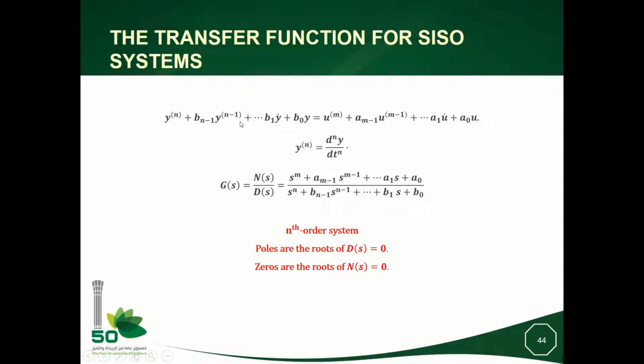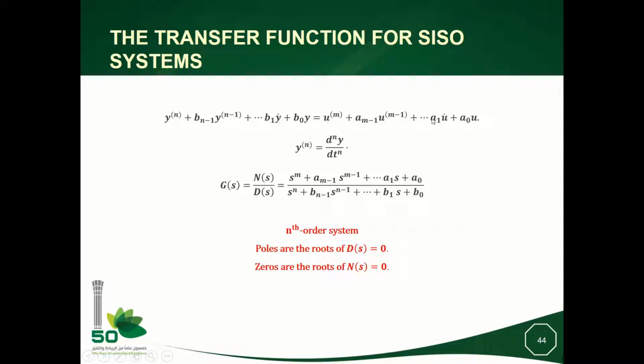The Laplace of this term is b_{n-1} s^{n-1} Y(s). And we will continue until we arrive to this term. We will have b_1 s Y(s), and here we will have b_0 Y(s).